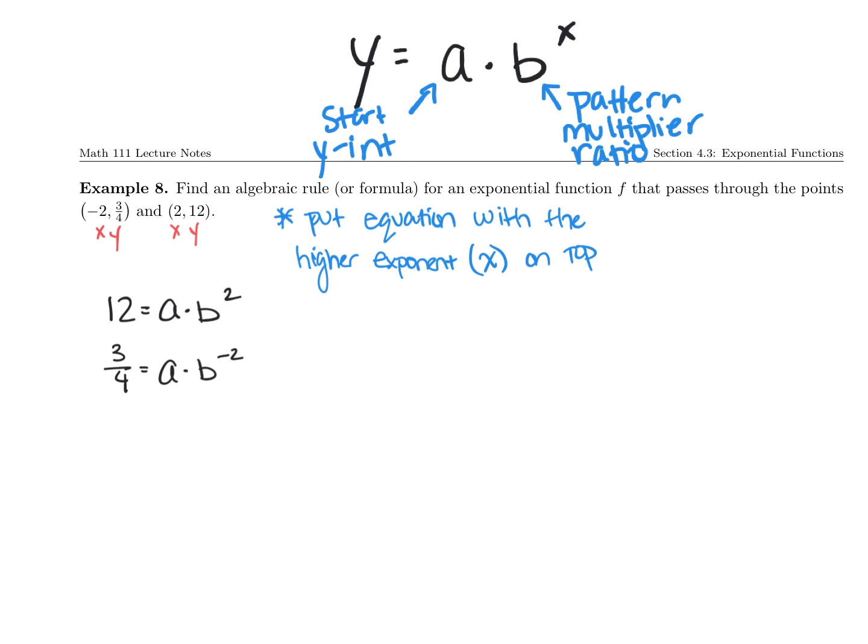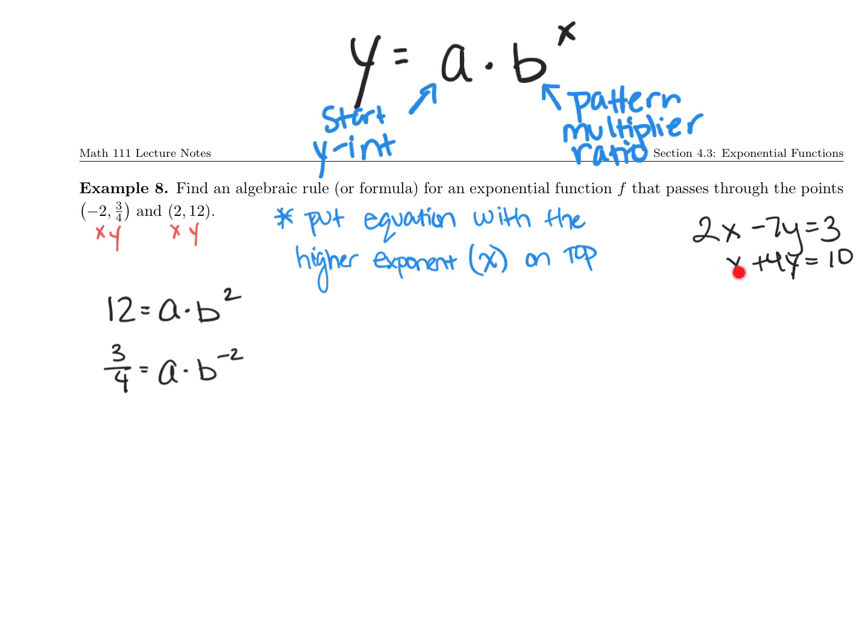Now, in systems of equations, for instance, if we had something like 2x minus 7y is equal to 3 and x plus 4y is equal to 10, we would multiply this bottom one right here, and then we would subtract the equations, right? Or we would add the equations together, something like that.